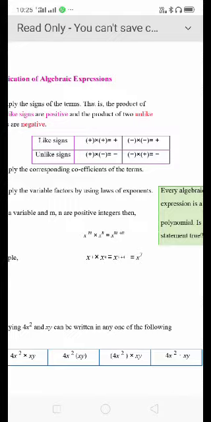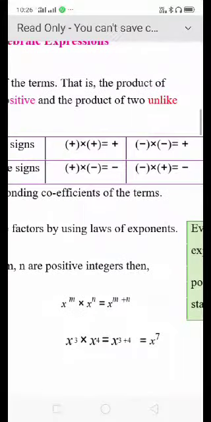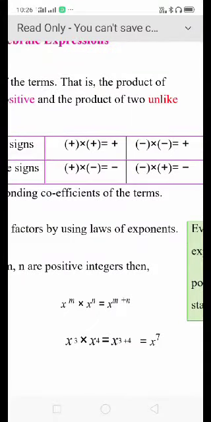Plus into plus, plus sign. And x and y gives us xy, not x plus y, xy. Okay? So plus into plus: first you have to multiply the sign symbol. Next you have to multiply the constants. Next you have to multiply the variables. Understand?